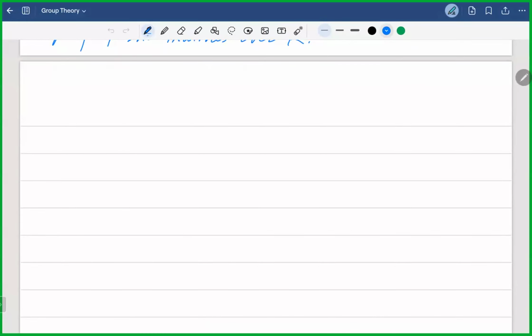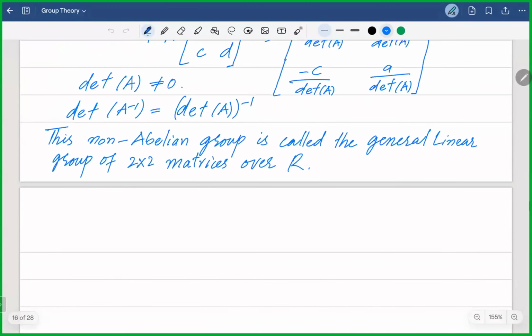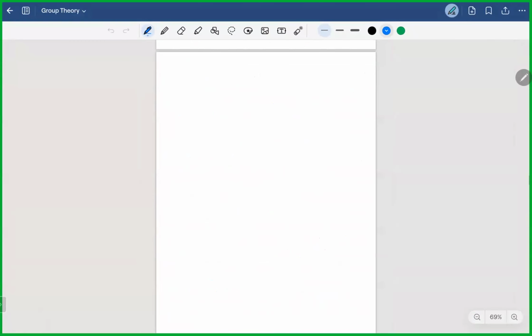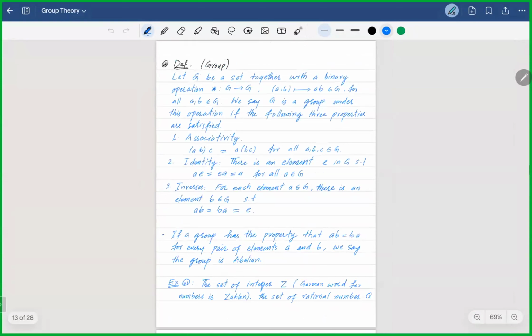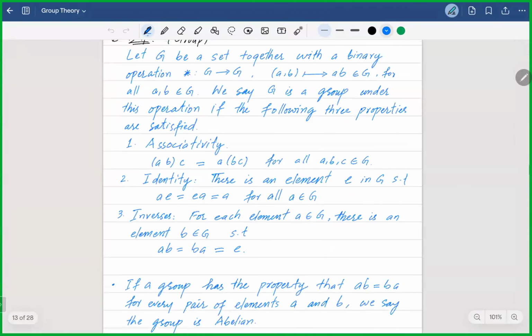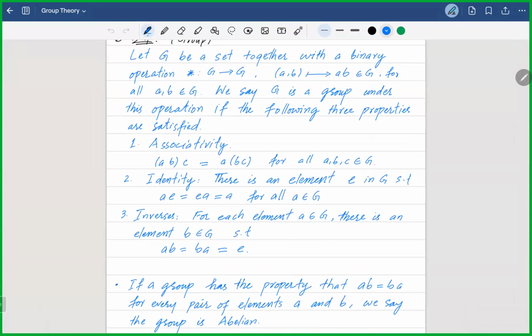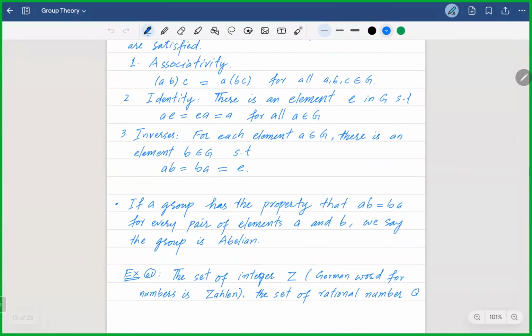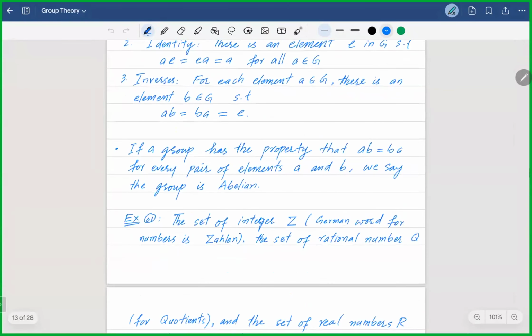So, in the last lecture, we talked about almost the definition of a group: it should have a binary operation, which is enough to say that it is closed. Then it should be associative, there should be an identity element inside the group, and there should be an inverse for every element.